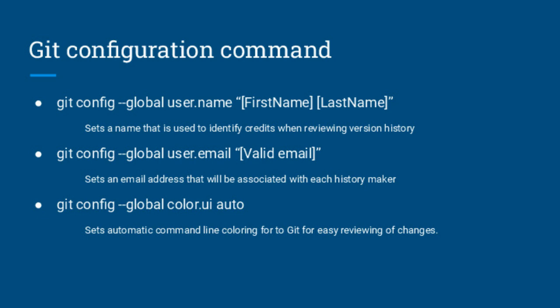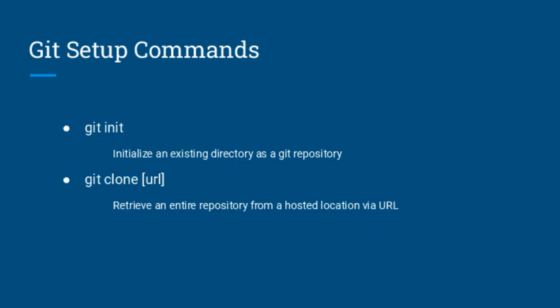So, let's talk about some of the Git setup commands. There is git init, which initializes an existing directory as a Git repository. Git clone, and we pass a URL to retrieve an entire repository from a hosted location via URL.